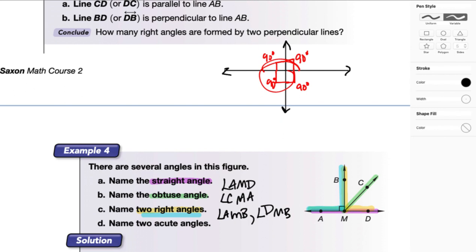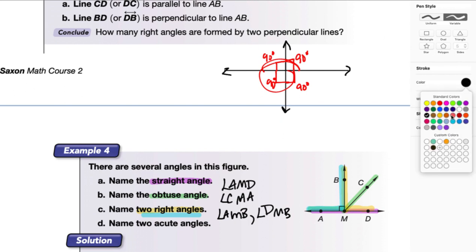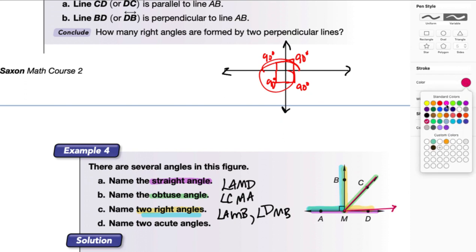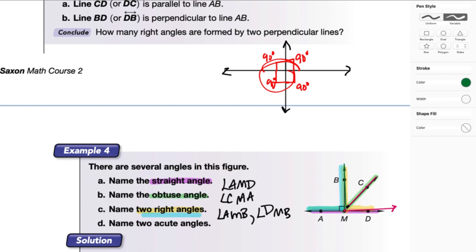Name two acute angles. So these are the ones that are less than 90 degrees, and they are little and acute. So this guy is less than 90 degrees for sure. And let's try another color over here. And this guy is less than 90 degrees also, because we see it takes two of these angles to make a 90-degree angle.